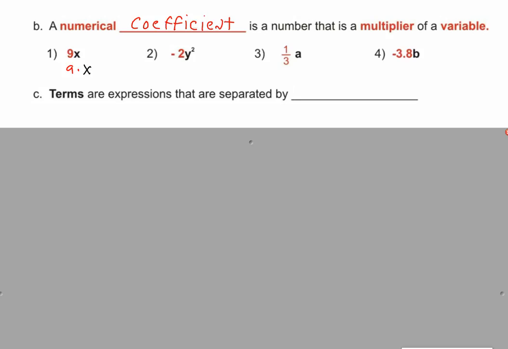All right, another thing with terms is the idea of terms are expressions. We talked about expressions yesterday. There are a bunch of numbers with operations. Can be an algebraic expression as well with operations. And terms are expressions that are separated by addition.